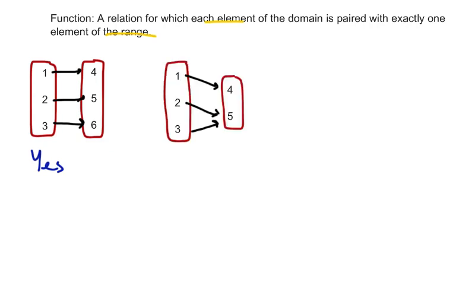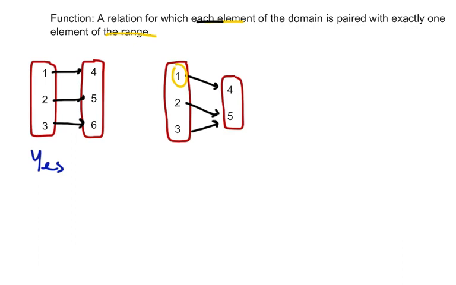When we look at the second mapping diagram, I want you to think, should it be a function or is it not a function? And when we think about that, we really need to look at the domain. How is the domain being paired with stuff in the range? And remember our definition says each element of the domain. So look at each element of the domain. First of all, 1. Is it only being paired with one element of the range?